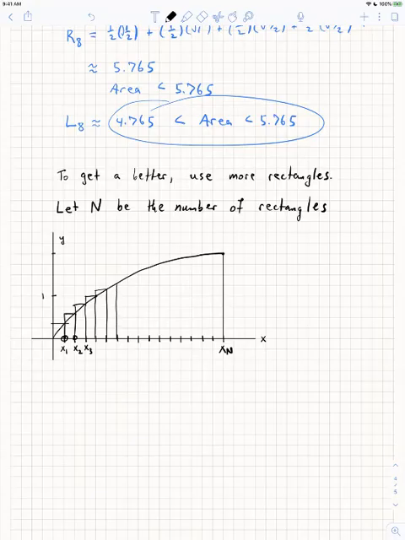Now, the idea is that as you put in more rectangles, they get thinner and thinner, and they fit better and better, like so. I'm not going to put all these in, but you get the general idea. Now, what is the width of all of these rectangles? Well, normally we denote it as delta x. So delta x is the width of the rectangle.